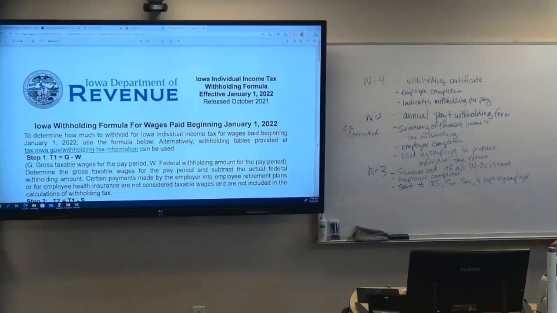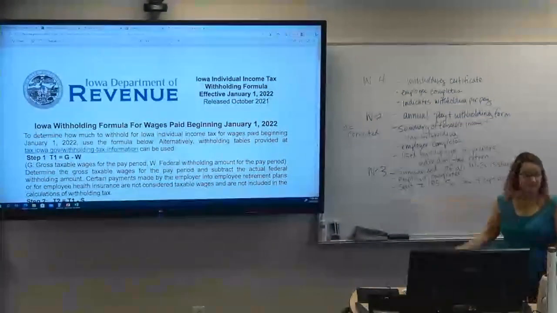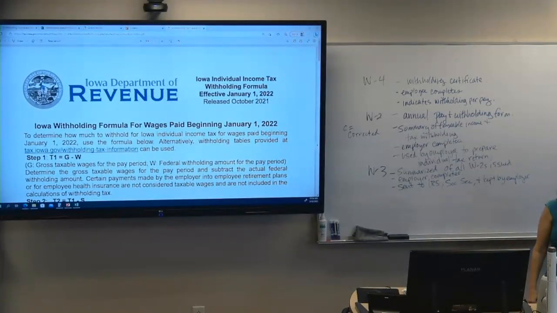Now, if it was a mistake in the amount of income that they earned or in the amount of tax, then you would also file this W-3C, because the information on there is going to change. If it was an error with regard to an employee's, say you got something wrong on their social security number or their address. Usually an address doesn't really warrant a corrected W-2 because you can still use the information on it.